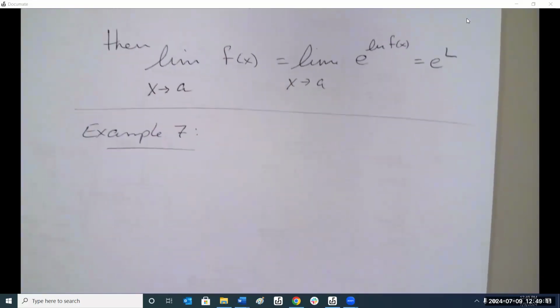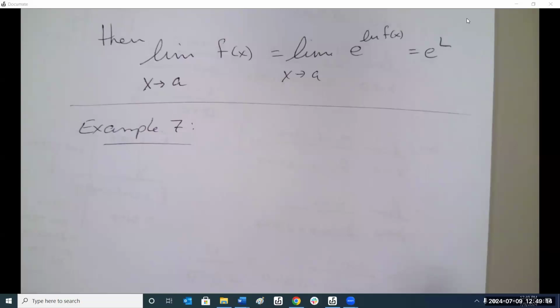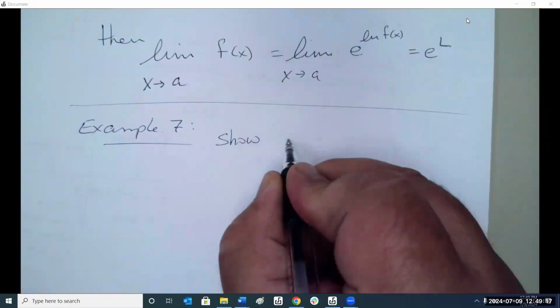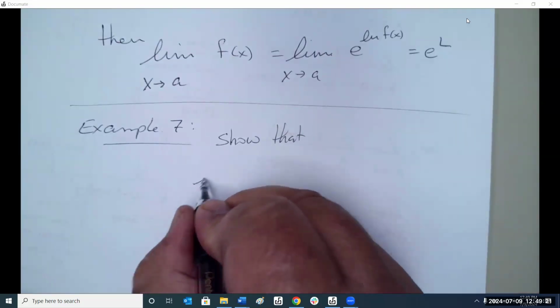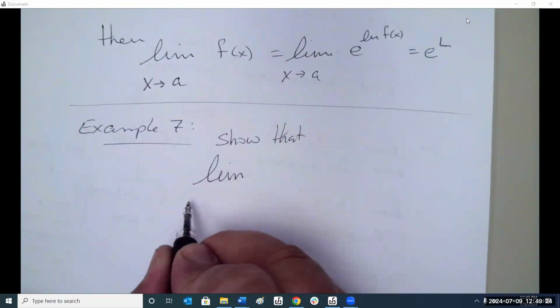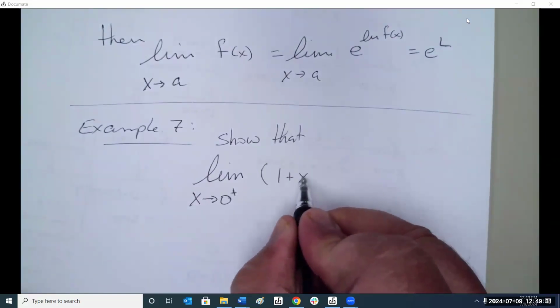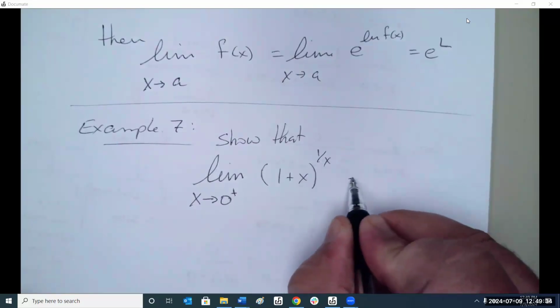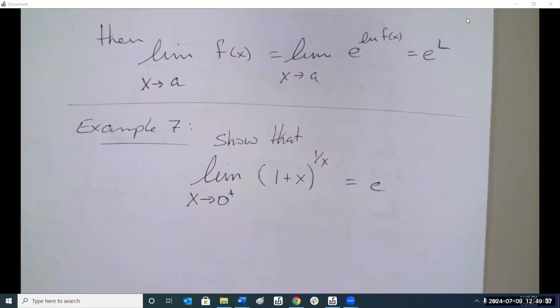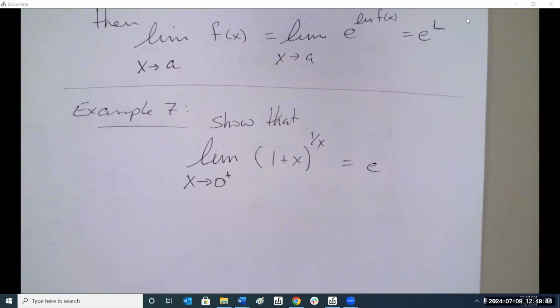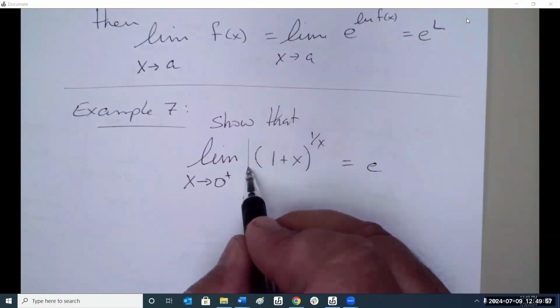Example 7. Okay. Show that the limit as x approaches 0 from the right of 1 plus x to the power 1 over x equals e. So this is going to be our f of x.